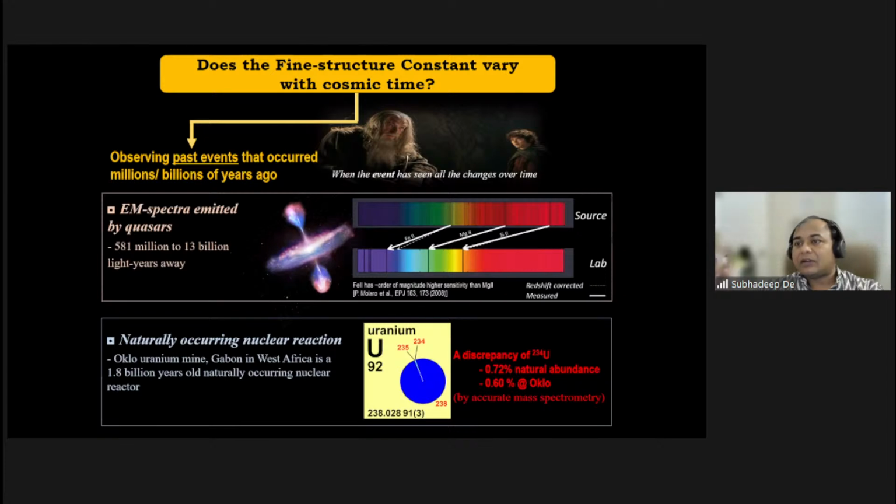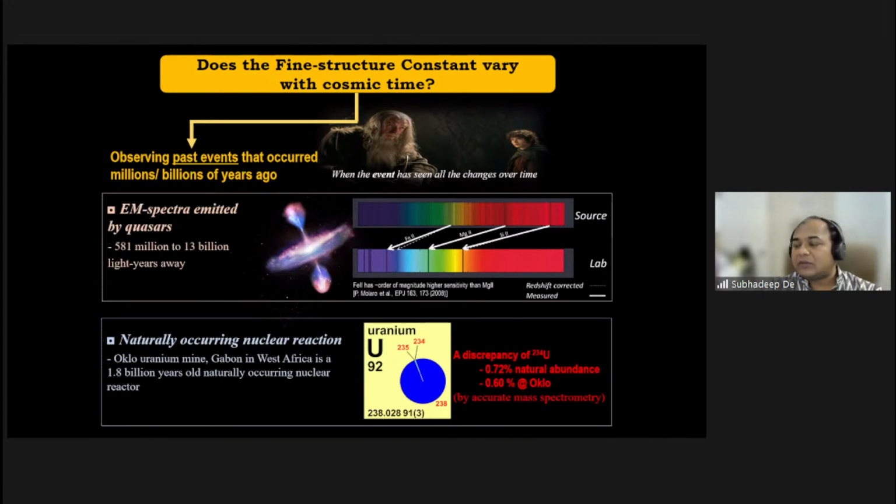So this is different from what we expect naturally. And this anomaly is possibly because the value of alpha, the fine structure constant, has changed. There is a proper nuclear model where this alpha comes in, and they explain that possibly this discrepancy is due to the variations of the fine structure constant.